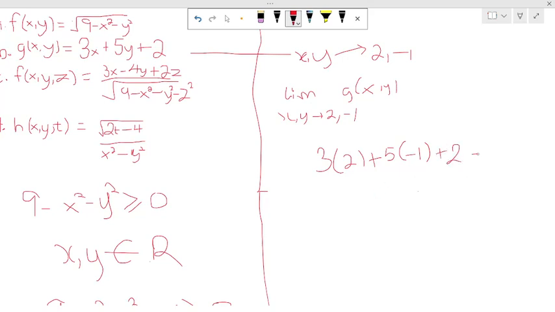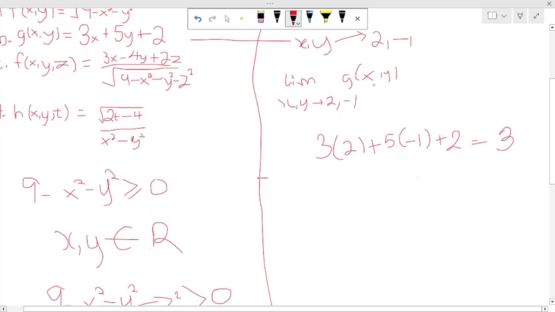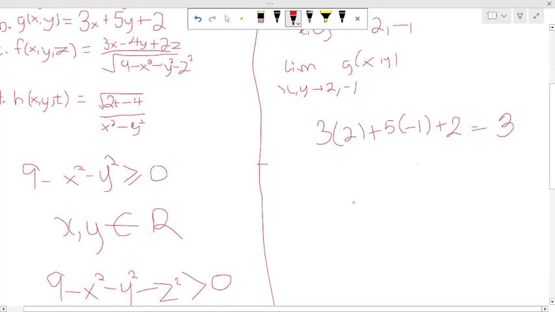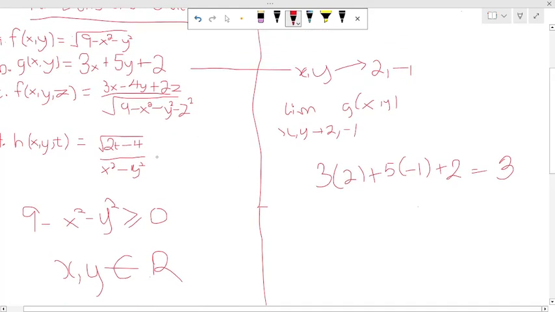So now you are going to get 6 minus 5 giving us 1, plus 2 giving us 3. So therefore the limit of g of x, y as x, y approaches 2, negative 1 is 3. The same thing applies to all these 4 functions.